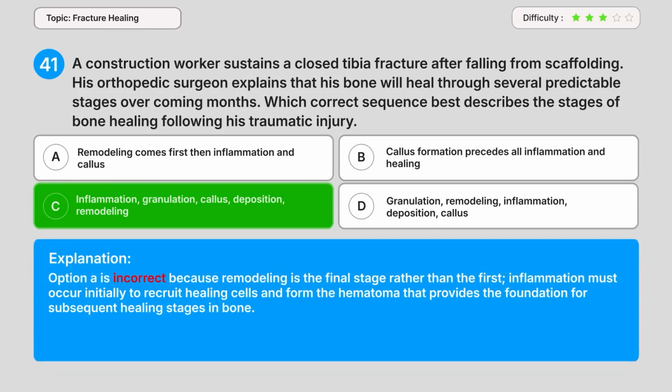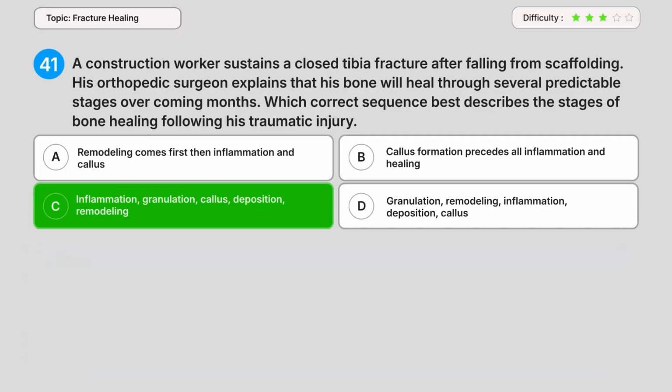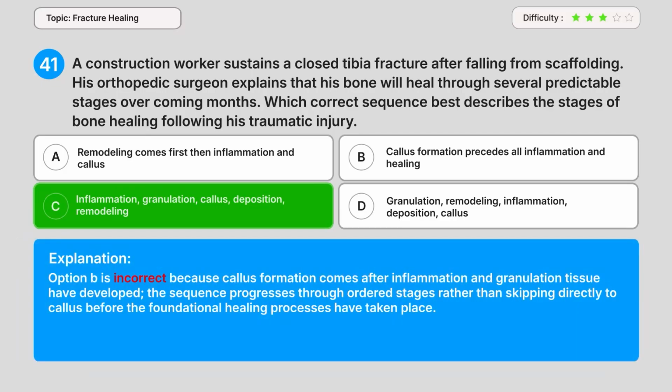Option A is incorrect, because remodeling is the final stage rather than the first. Inflammation must occur initially to recruit healing cells and form the hematoma that provides the foundation for subsequent healing stages in bone. Option B is incorrect because callus formation comes after inflammation and granulation tissue have developed.